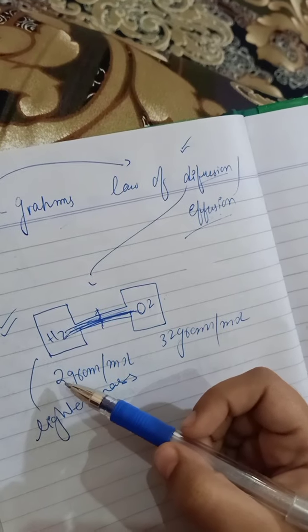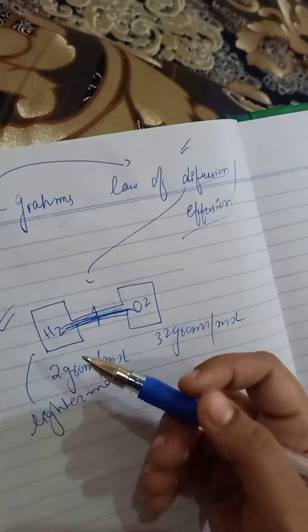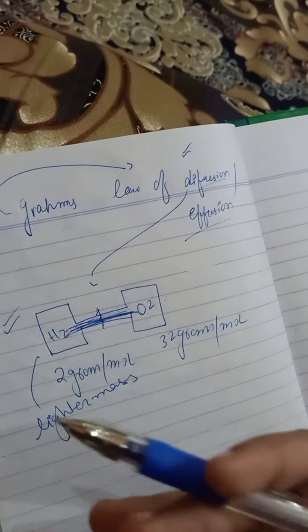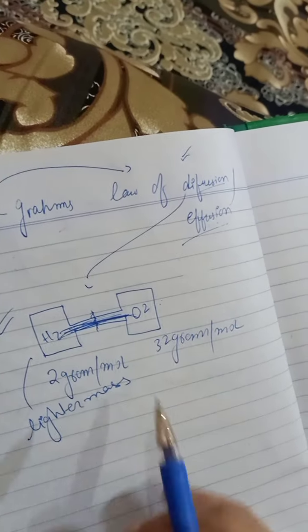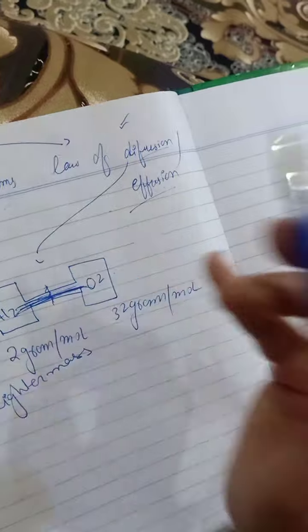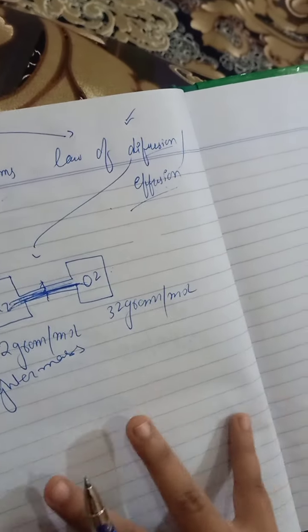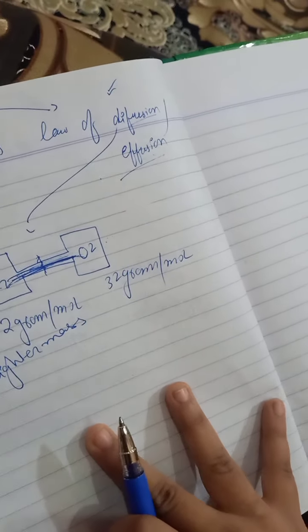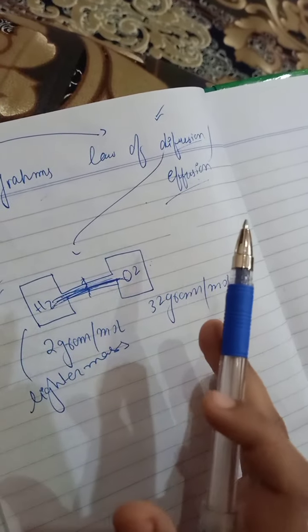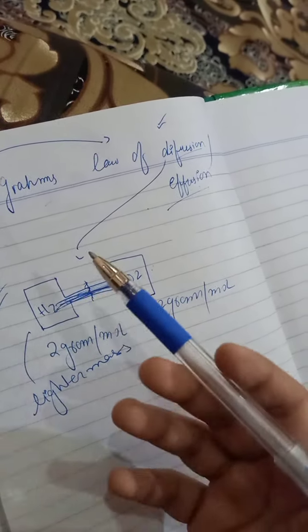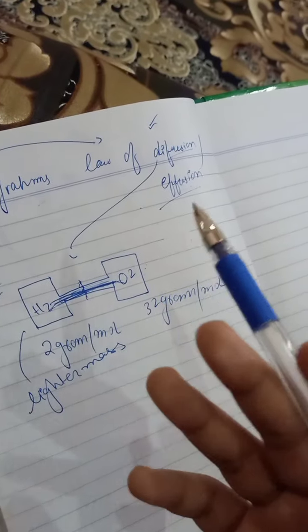So you can say that a gas which has lighter mass will diffuse more as compared to the heavier mass. This was about diffusion: the intermixing of gases into each other in opposite directions.